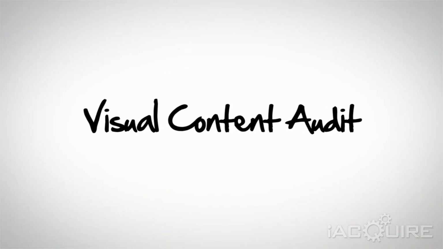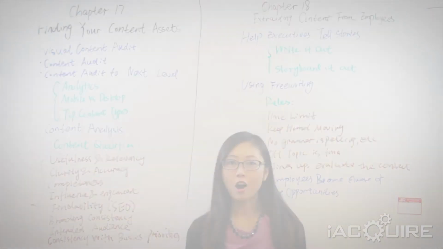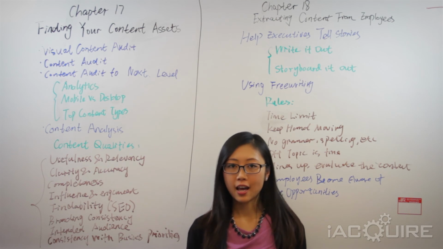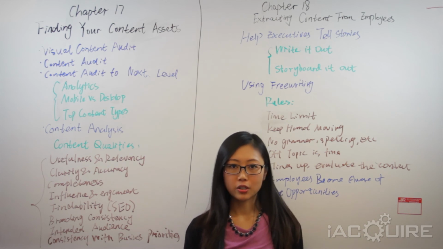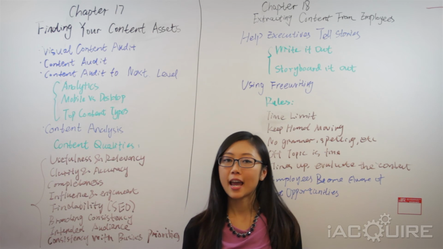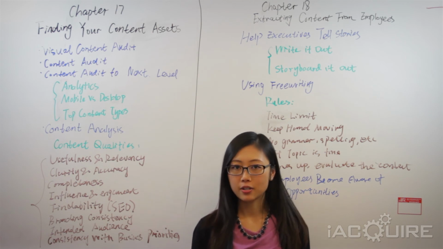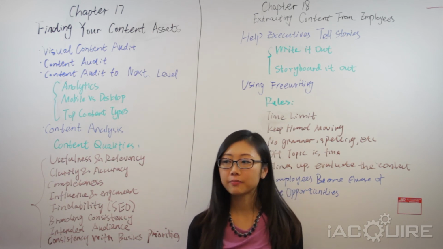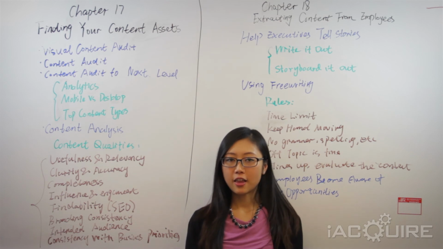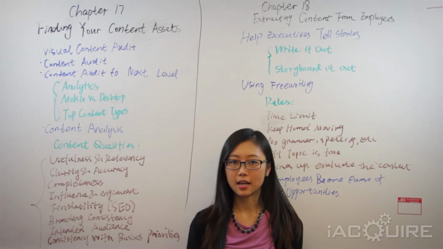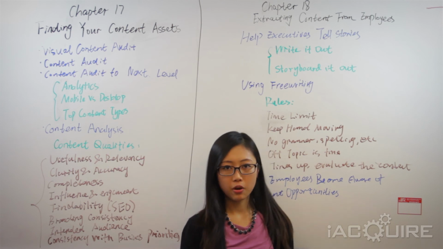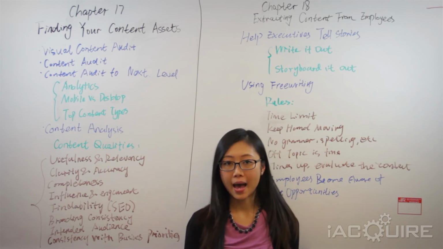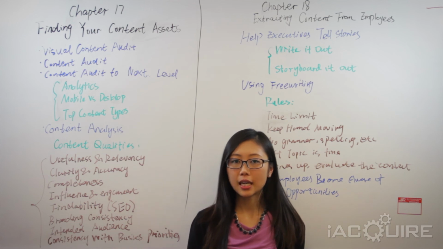Visual content audit. First, gather all the materials you can get, like marketing materials, PDFs, case studies, white papers, presentations, everything. Then gather your executives into one room and ask them to discuss all these materials: which are good, which are bad, which you can still keep.